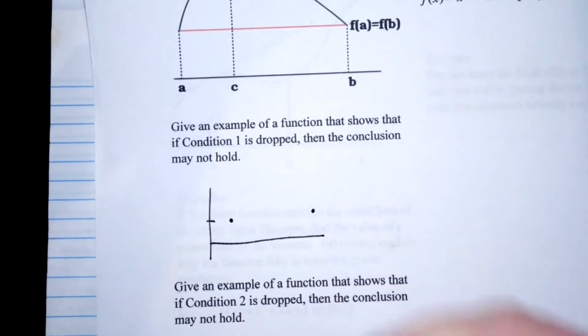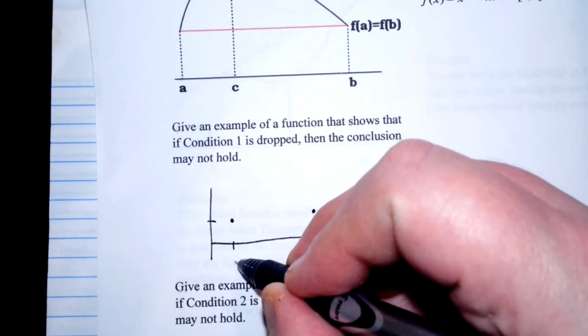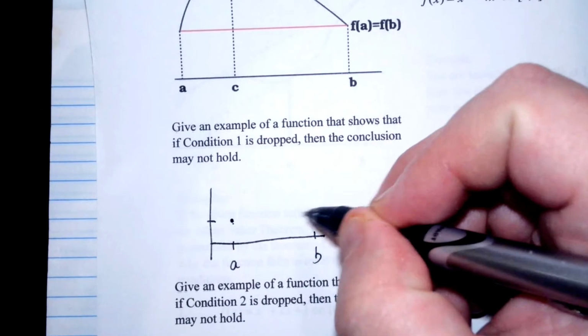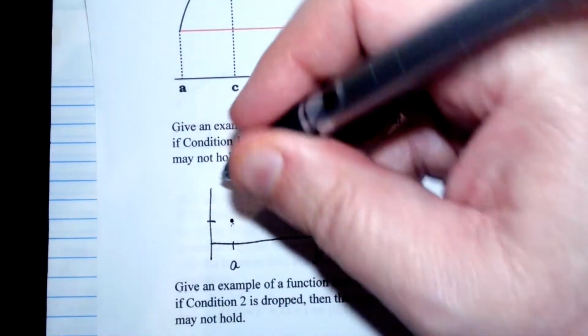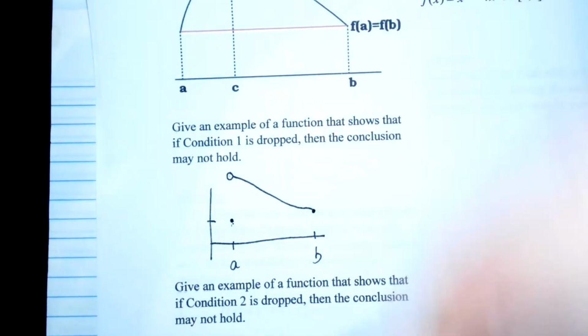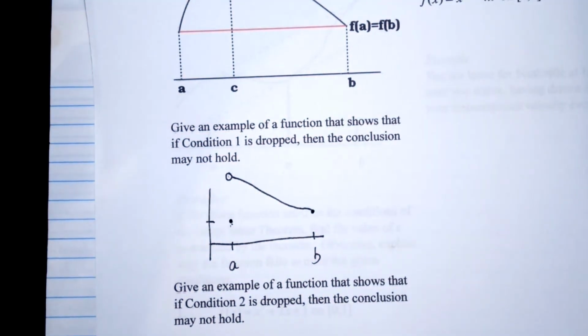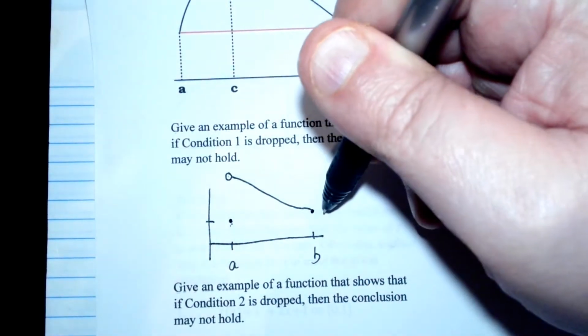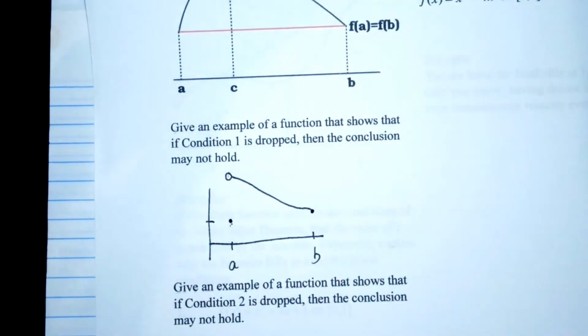I want the graph to pass through this point and that point, or to include these 2 points. But how about we do this? The function is differentiable on the open interval from a to b, and f of a equals f of b, but the function is not continuous on the closed interval, and there's no place where the derivative is 0. Well, there might be one here, but if I had drawn this line segment straight, then there would not be one.